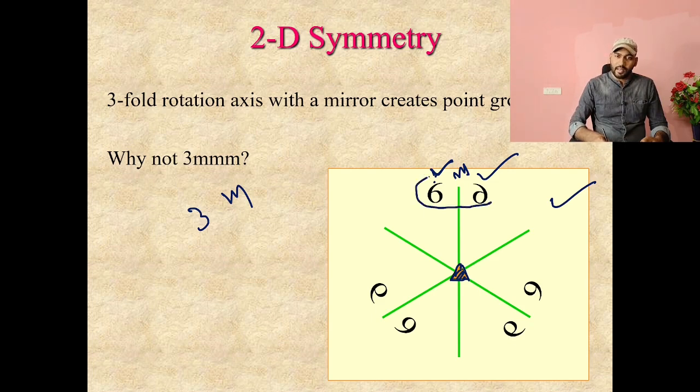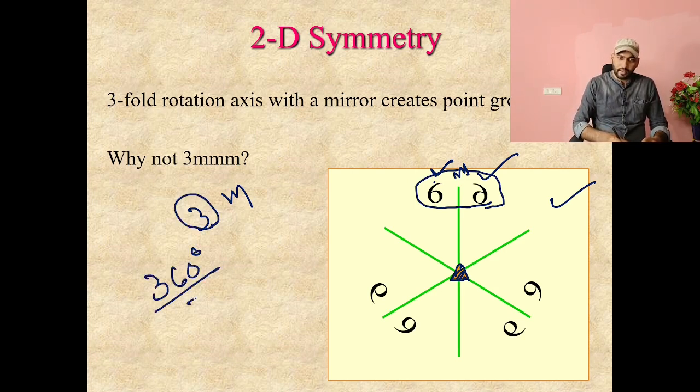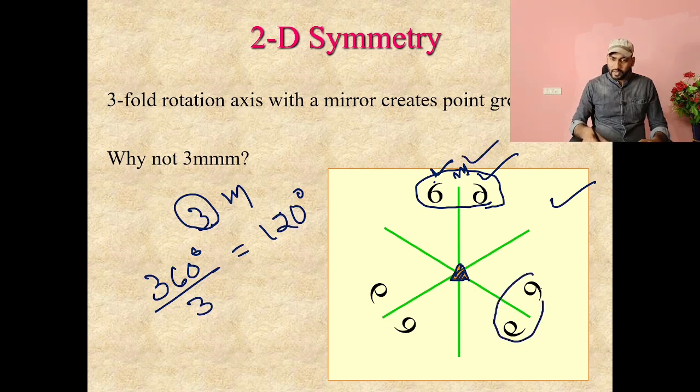Now this entire structure has to repeat thrice in a 360-degree rotation, because it is a threefold axis. That means after each 120-degree rotation, we will have the similar structure. This is the first one after 120 degrees, this is the second one after another 120 degrees, this is the third one, and then we'll return to the original place.